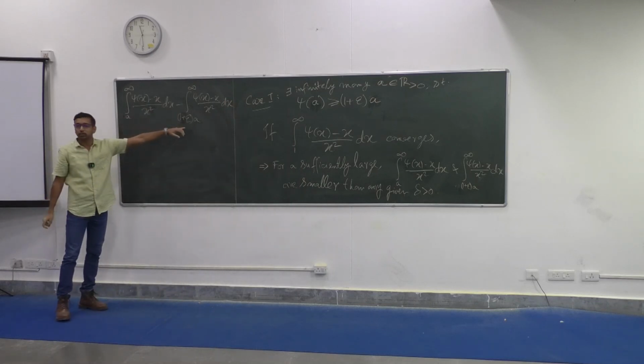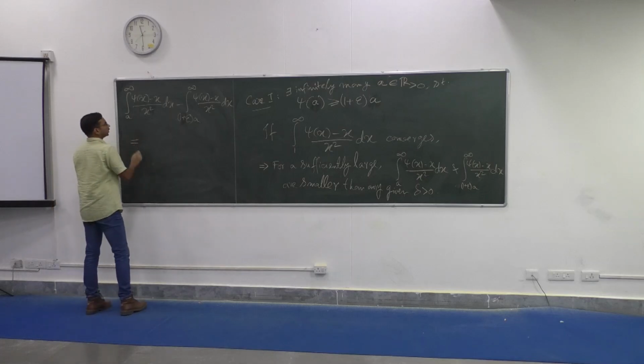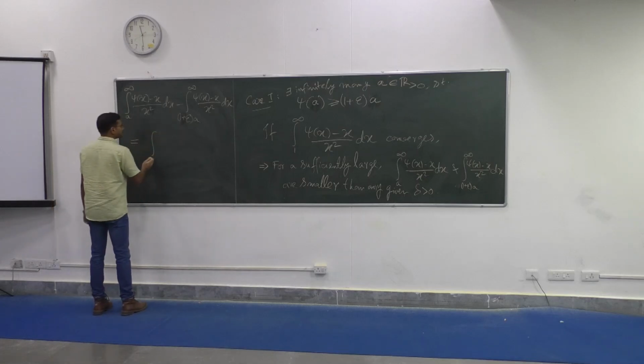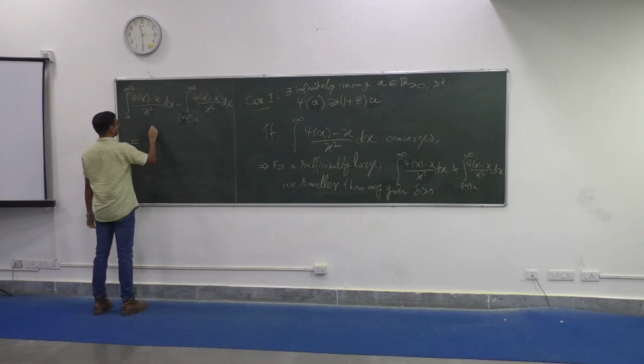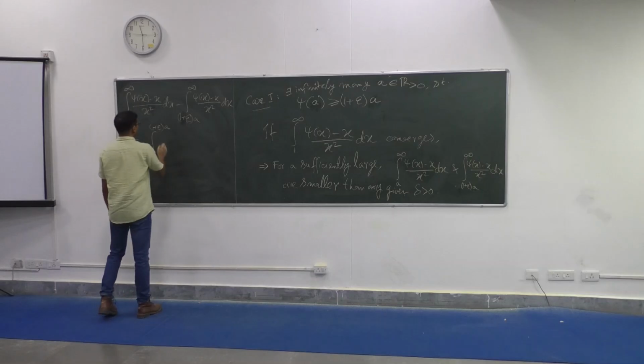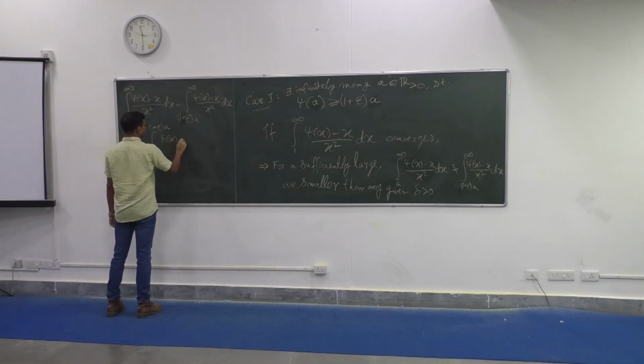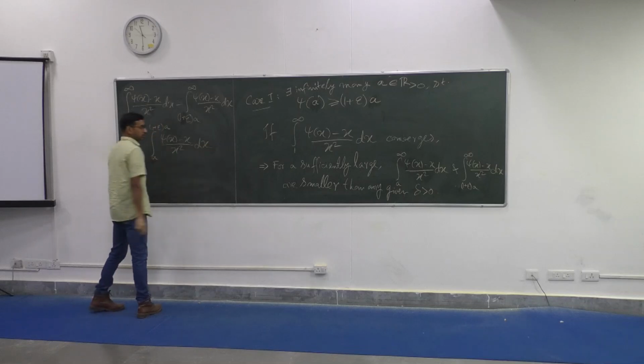Since both of them are going to 0, this should go to 0. This is nothing but the integral from a to 1 plus epsilon times a of (psi x minus x) by x squared dx.